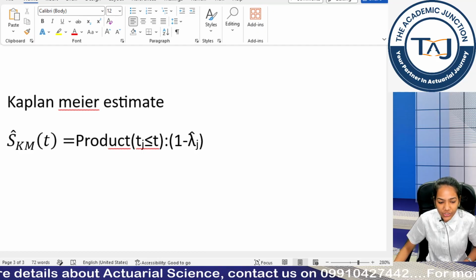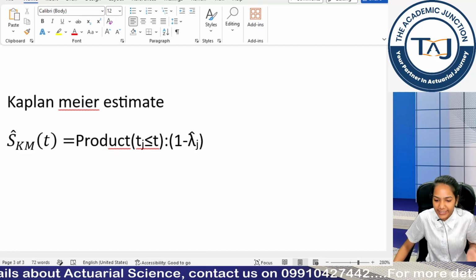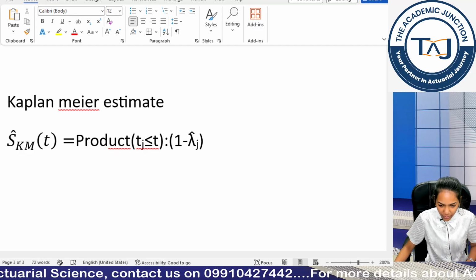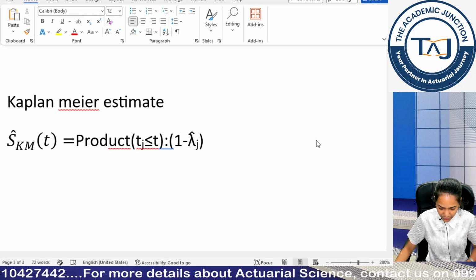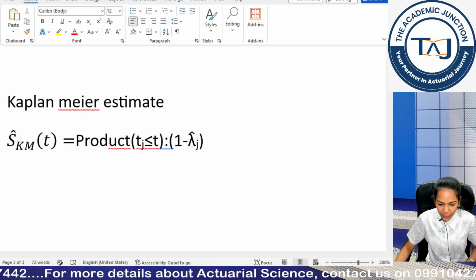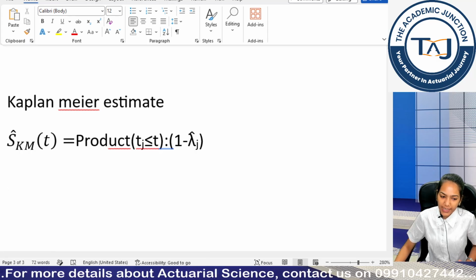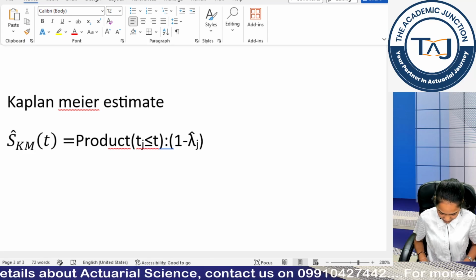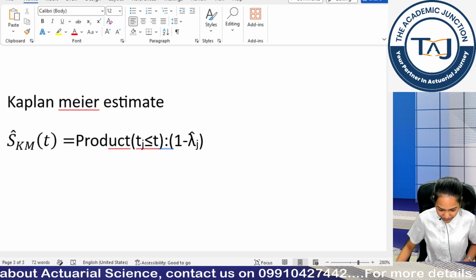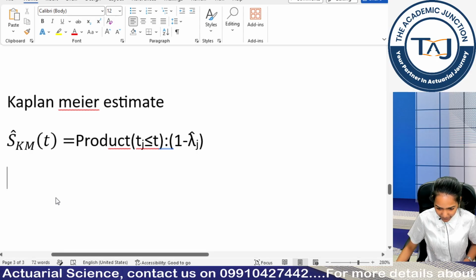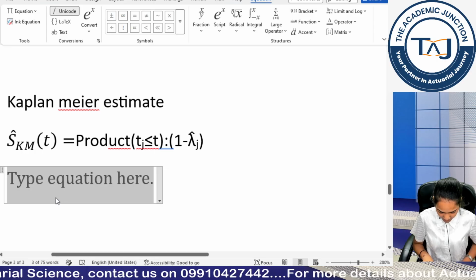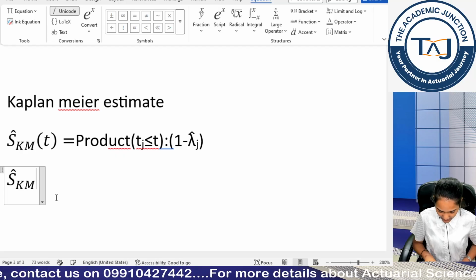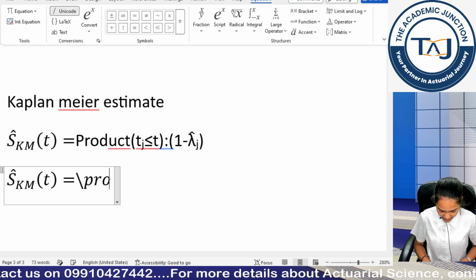Now let's shift to its second notation in nj and dj terms as well, so that you guys might be comfortable. So let's do it. So yes, let's try writing it. What is the formula? It's product of same limits and we have nj minus dj by nj, right? So let's do it. It's alt equal to S hat double space Km T is equal to backslash prod.